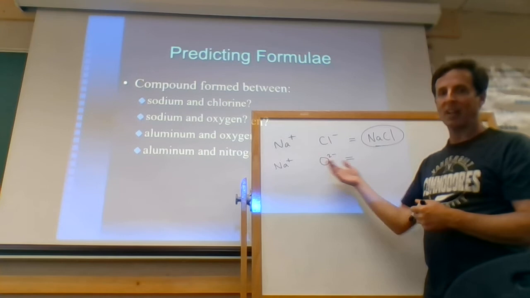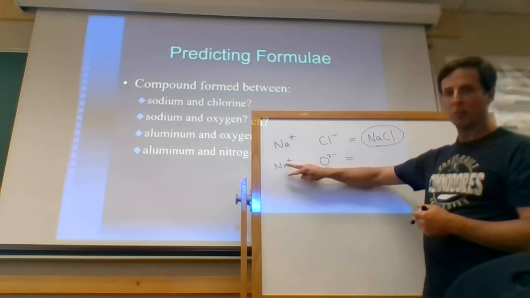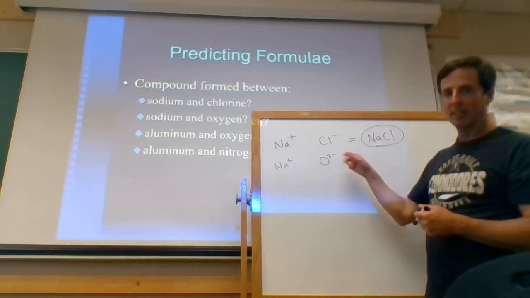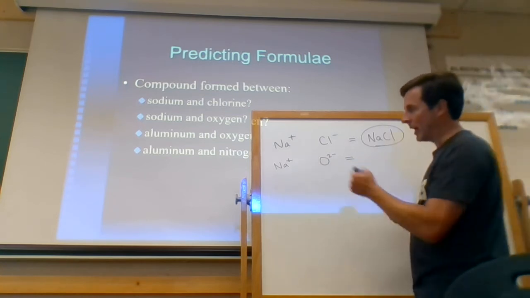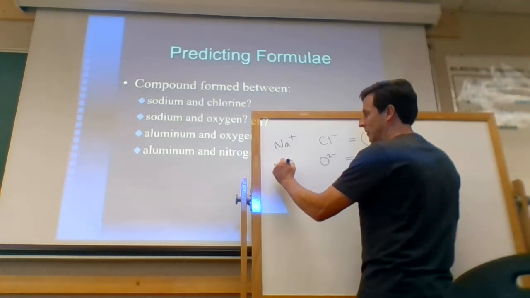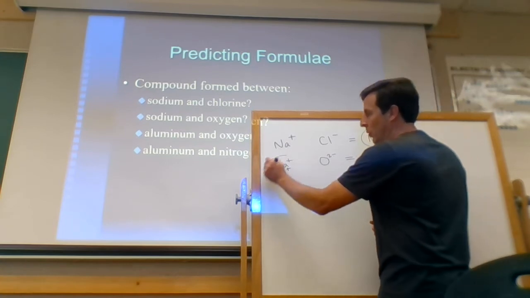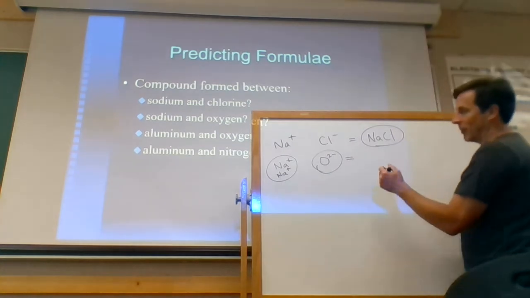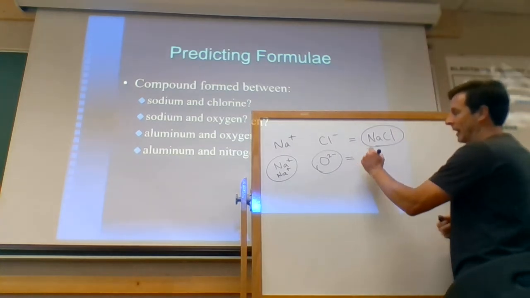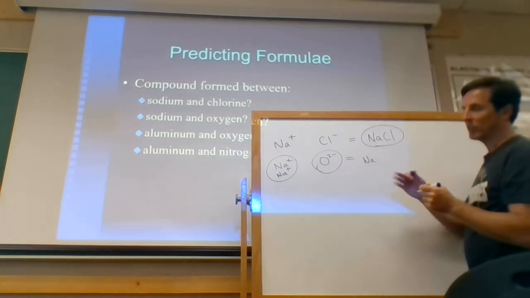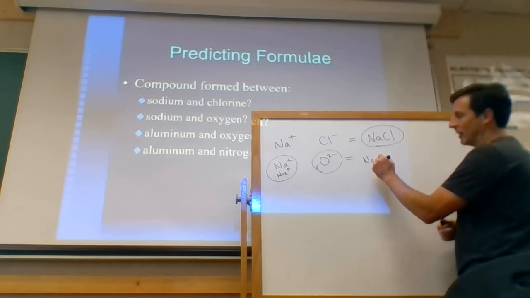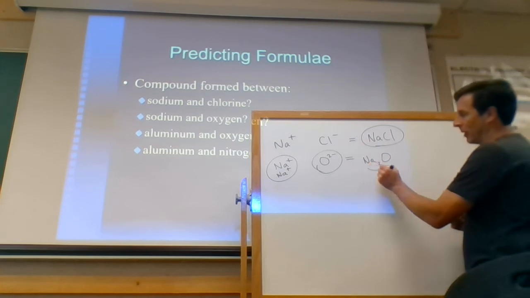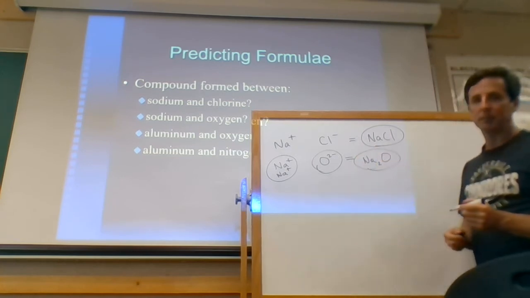So in order to cancel out, you're going to need 2 sodiums, each one a +1 and another +1, to cancel out a -2. Okay, so kind of picturing it, 2 of these guys can cancel out one of those. So then my formula is going to be Na, and then if I have 2 of something, I'm going to use a subscript to the right, Na2O. That's the formula of sodium oxide.